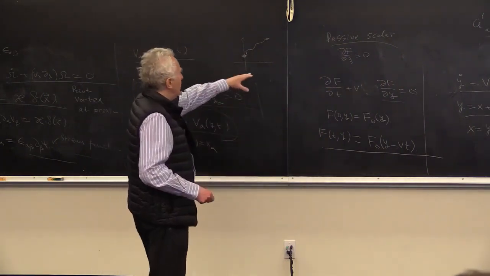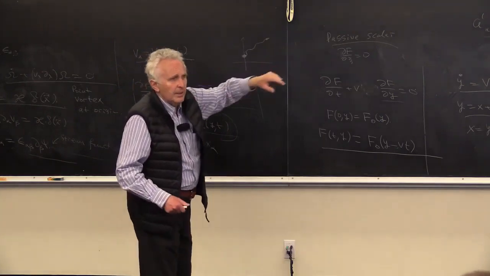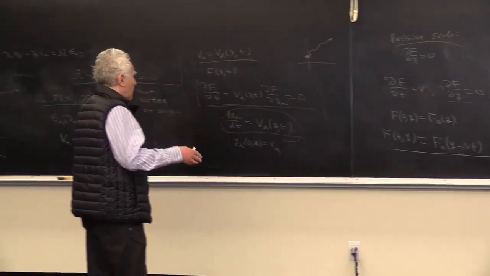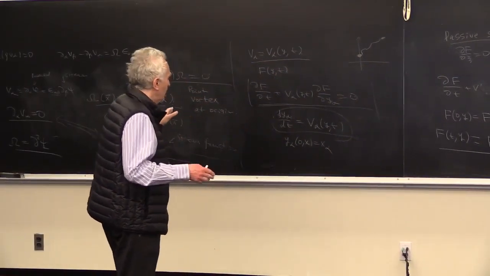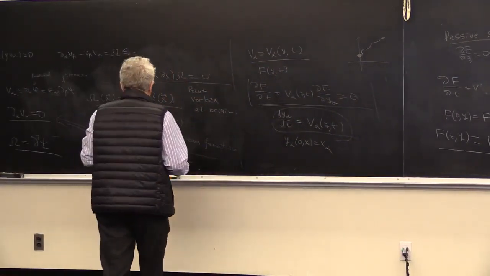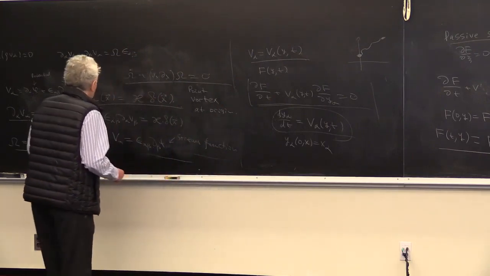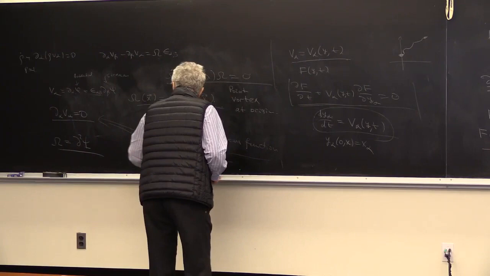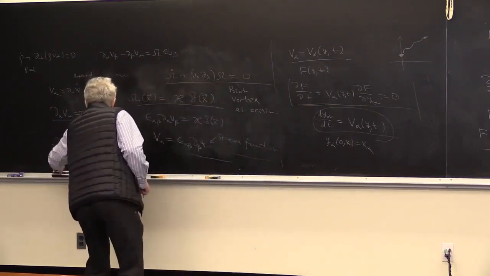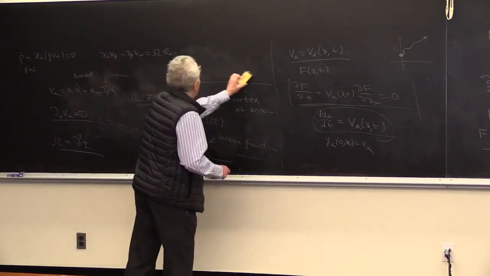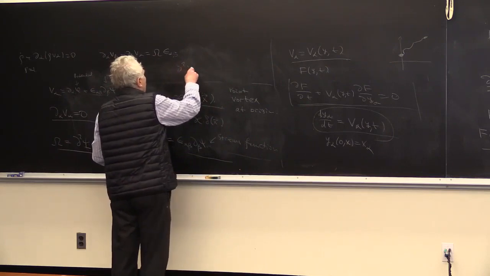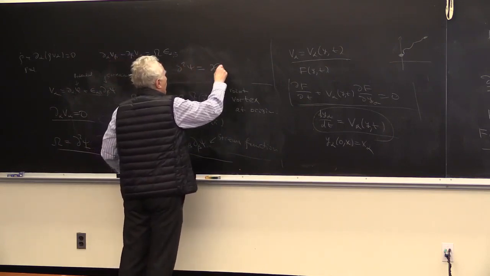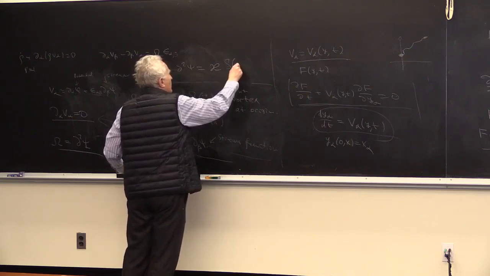Actually, that refers to any dimensions. If you multiply epsilon tensors an even number of times, it's delta. Okay, so we find a very simple solution. We have to solve this equation.